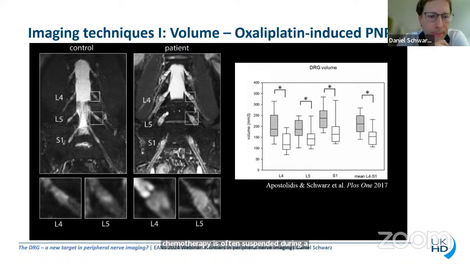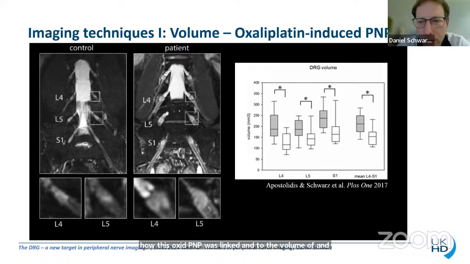So we took the oxaliplatin substance as an example of such chemotoxic agents, and actually looked how this oxaliplatin-induced neuropathy was linked to the volume of the DRG.